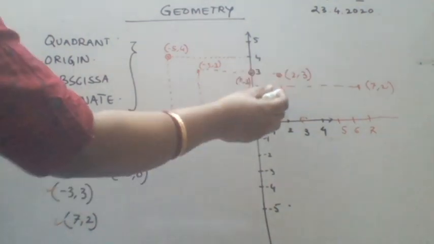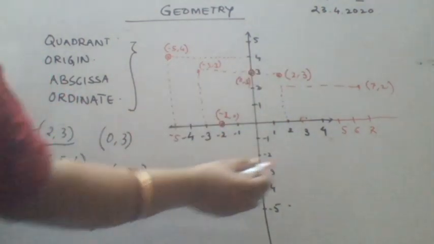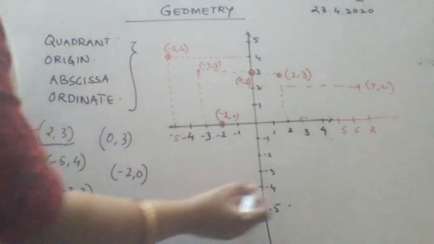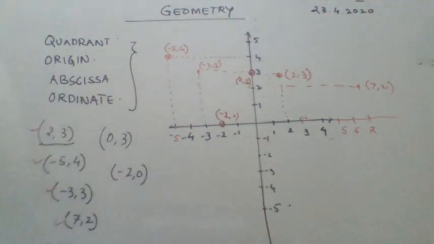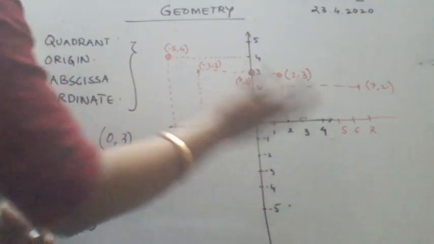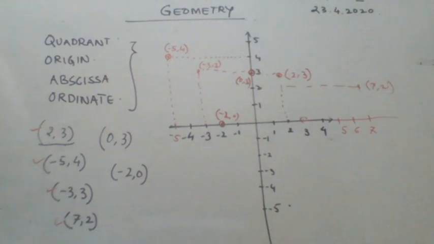So this is the first quadrant, second, third and fourth. We have not plotted any point in the third quadrant or in the fourth quadrant. Now you suggest to me through the live chat box some point for the third quadrant and one point for the fourth quadrant. I give you some time.